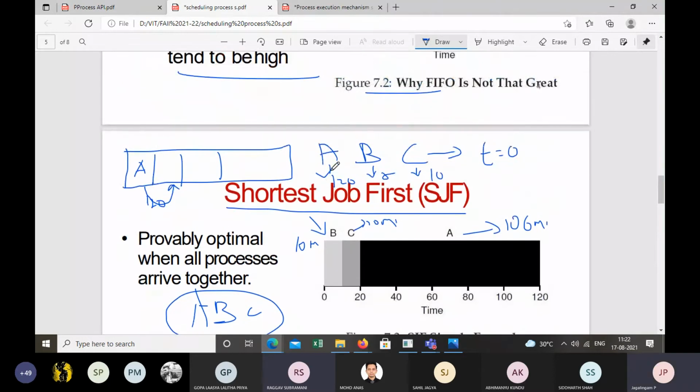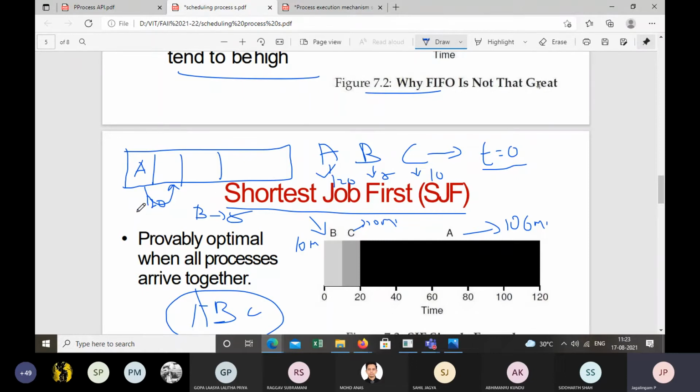Good. Now let's say that you have three processes A, B, C that come to the system at time t equal to 0. When the CPU is executing process A, process B needs only 8 milliseconds, but process A needs 120 milliseconds.